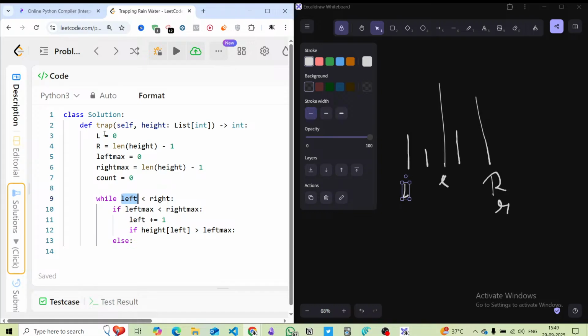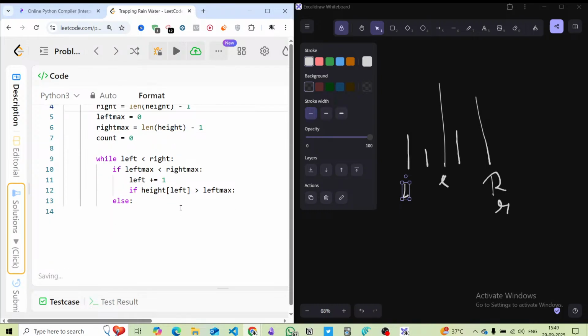It's not left; let me change the variable, which will give better readability. So if the height of left is greater than the left max, then left max is equal to height of left, meaning this value will be stored in the left max. Okay, so in visualization it will be like this.